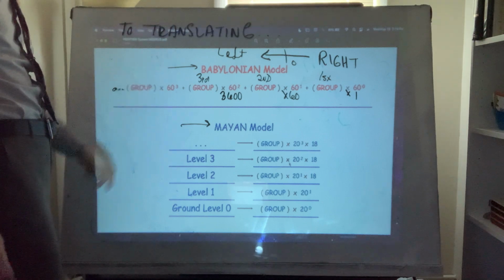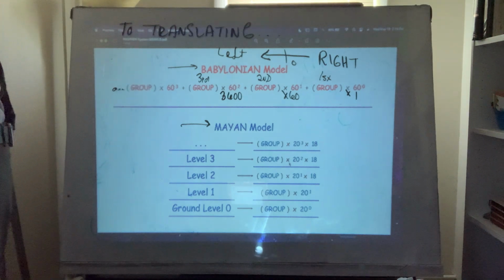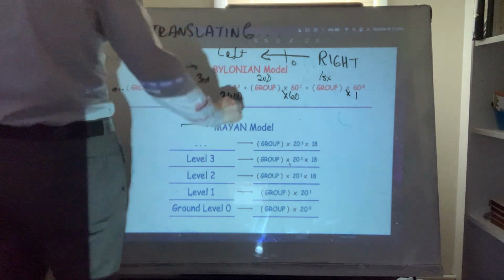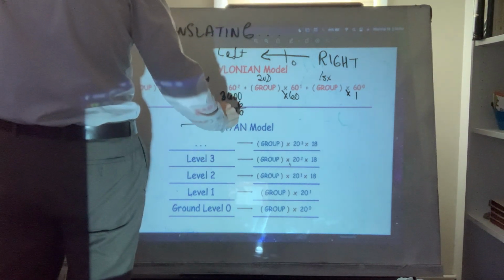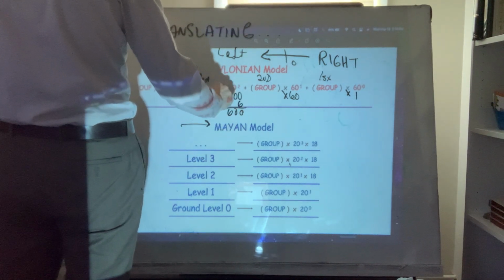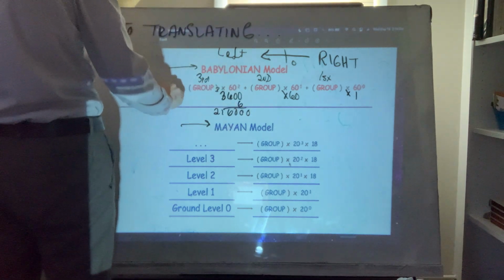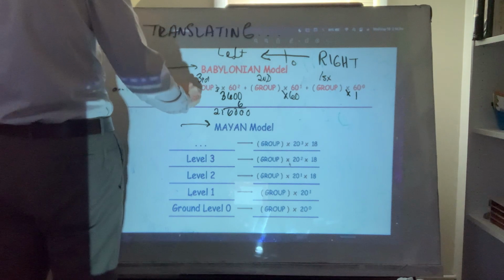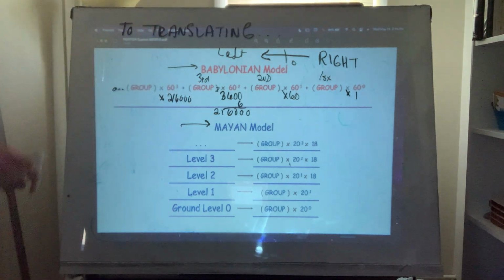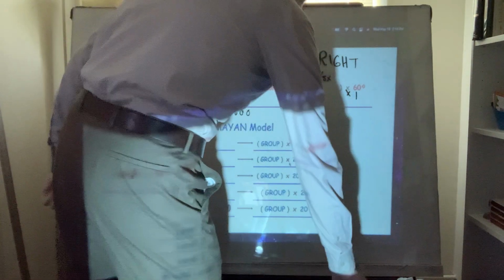60 times 60 times 60 times 6. 0, 0, 36, carry the 3, 18, and a 0. 200, this one when you get to the third one is terrible. Right? 216,000 is in theory what you would be multiplying by. Something like that.